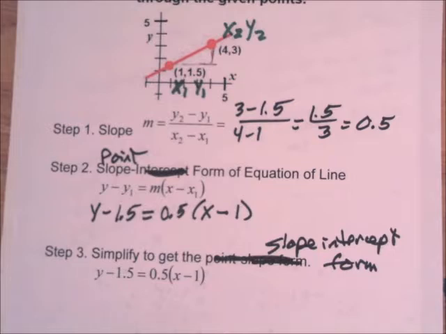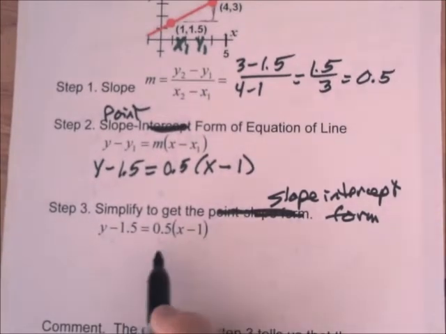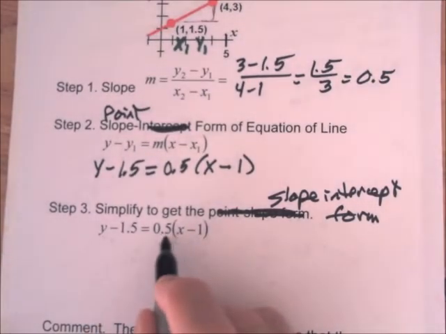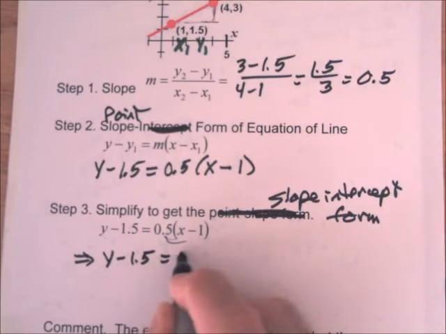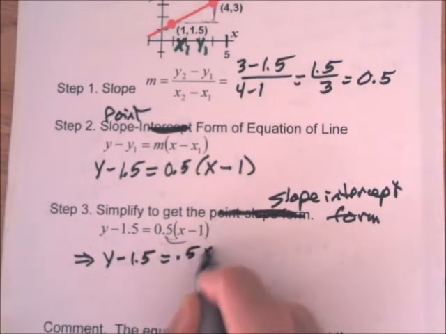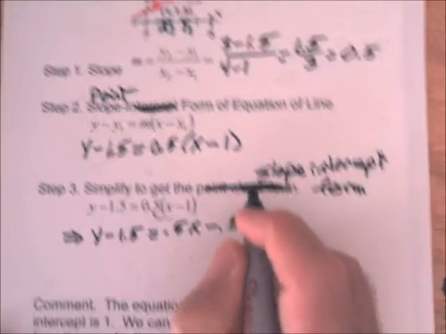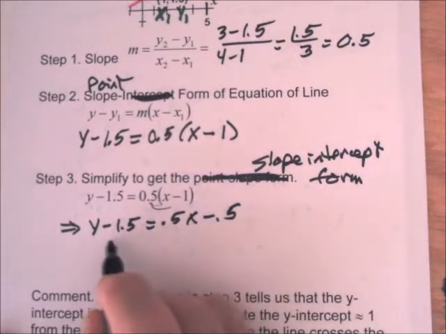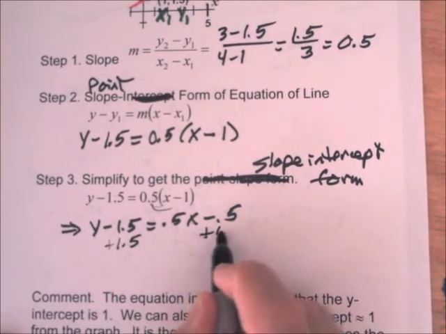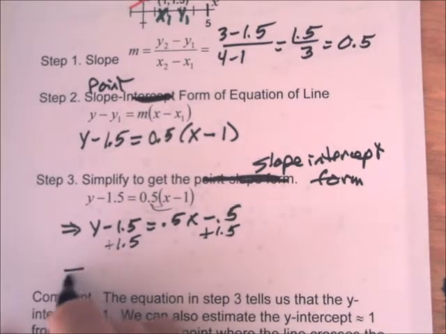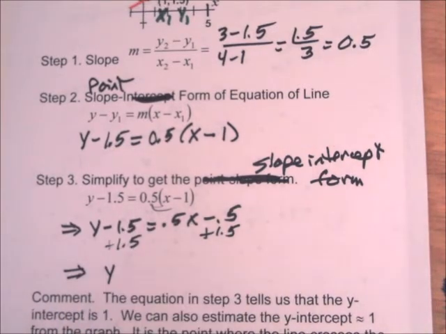Okay, so if we simplify this, we can get the slope-intercept form. If we distribute the 0.5, we'll get y minus 1.5 equals 0.5x minus 0.5. And then we want to solve for y, so we add 1.5 to both sides of the equal sign. And that'll give us y.